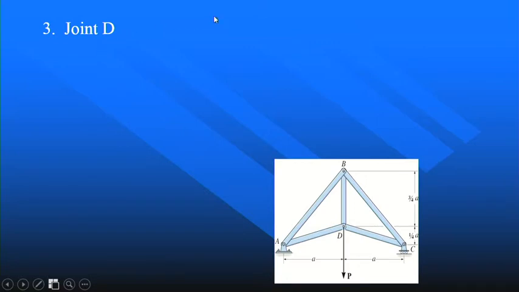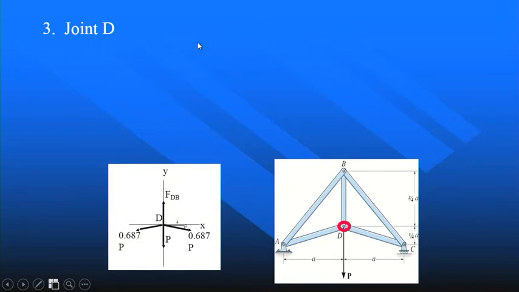So in order to solve for FBD, we take D as the joint of study. Then write the equilibrium equations. Draw the free body diagram at D. Here only one unknown, FDB. The other two have already been solved.